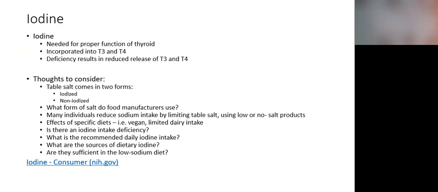So people can rely on getting their iodine from foods, and the foods that contain iodine are fish, cod, tuna, shrimp, and dairy products. But what if your patient is a vegan on a low sodium diet and is allergic to shellfish? These patients may present with iodine deficiency.